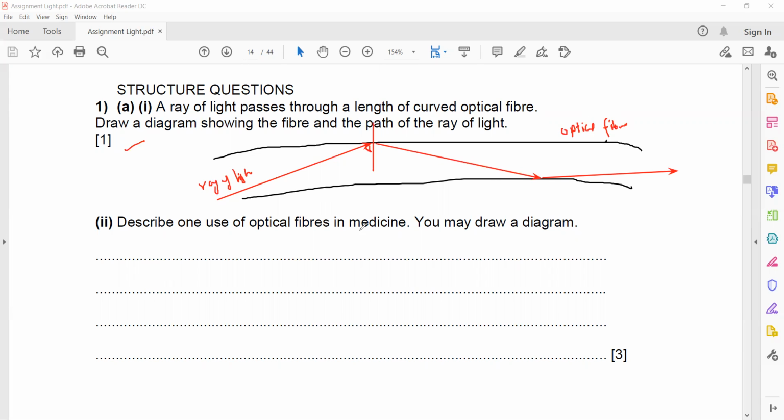Describe one use of optical fiber in medicine. Optical fiber or fiber optics is used in a technique which we call endoscopy.